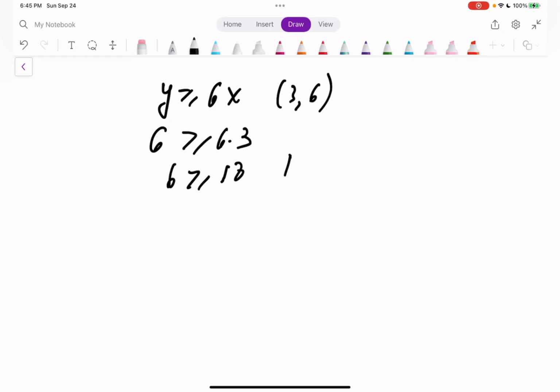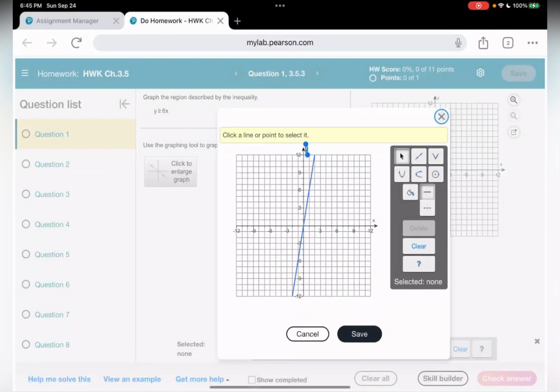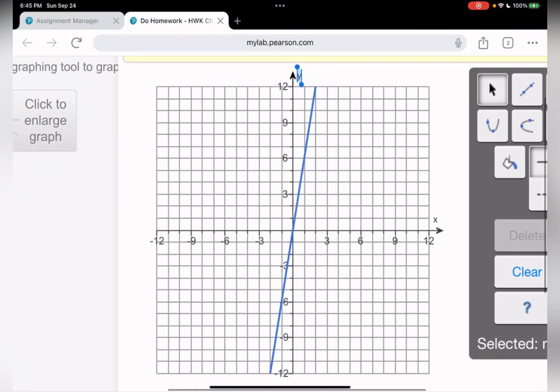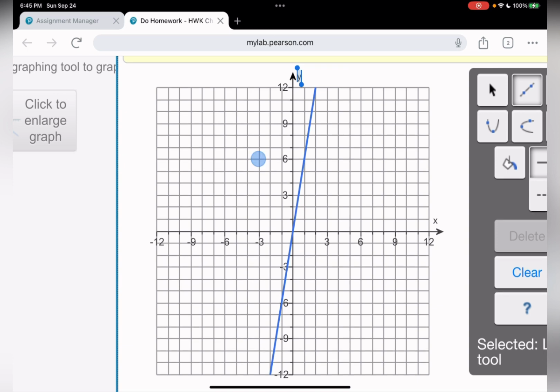So it's false, right? 6 cannot be greater or equal to 18. Okay, so that was the right side, we checked. Now let's take the left side. What can I take? For example, I'm going to take negative 3 and 6.